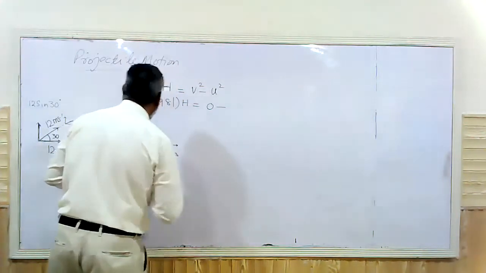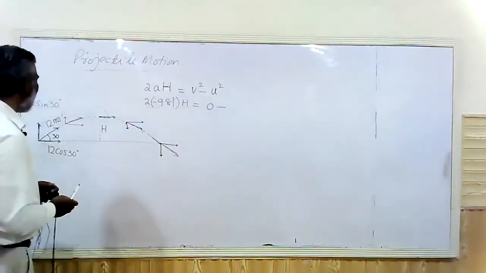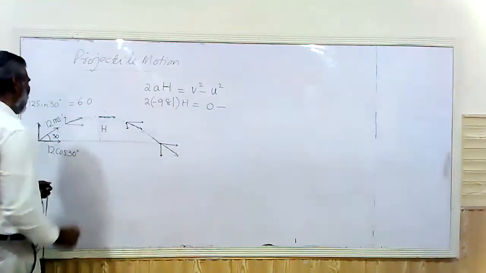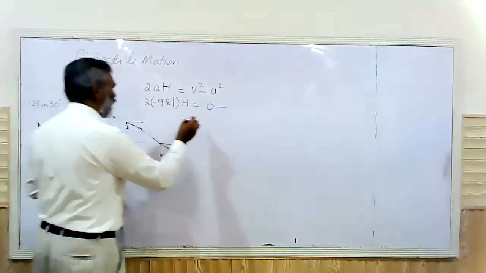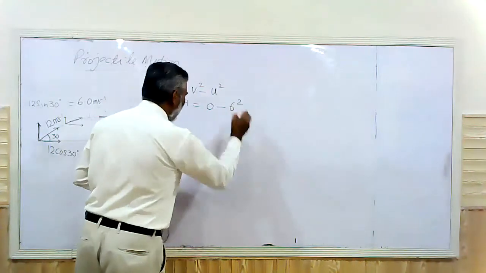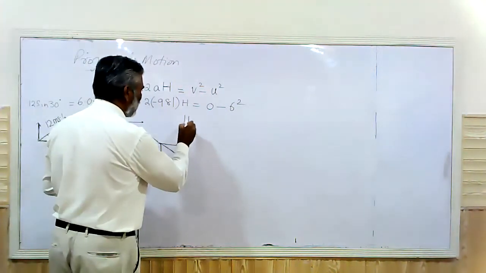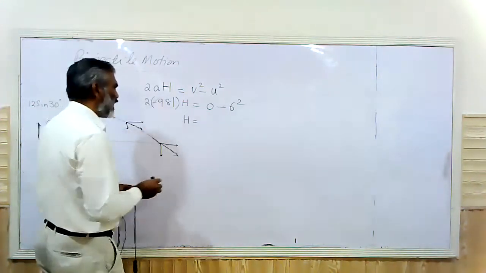minus the initial component, which is 12 sin 30, which simplifies to 6. That means 6 meter per second. This is the vertical component of velocity. So we can take 6 square here. So when I simplify all this, this minus sign gets cancelled with this minus sign.